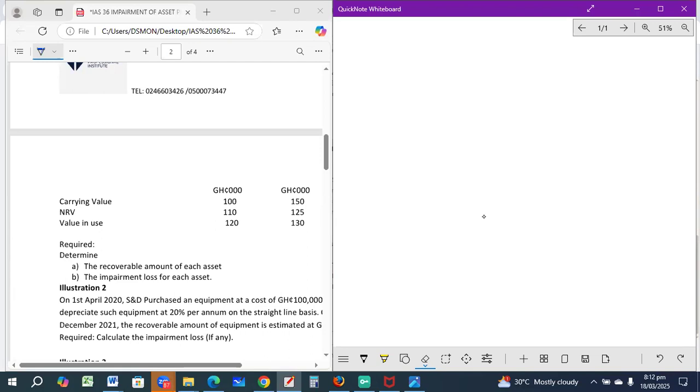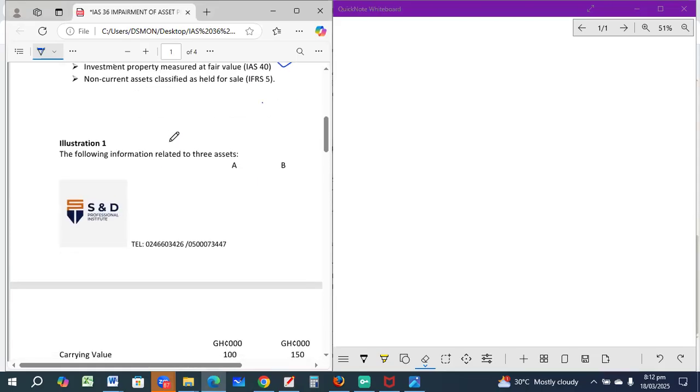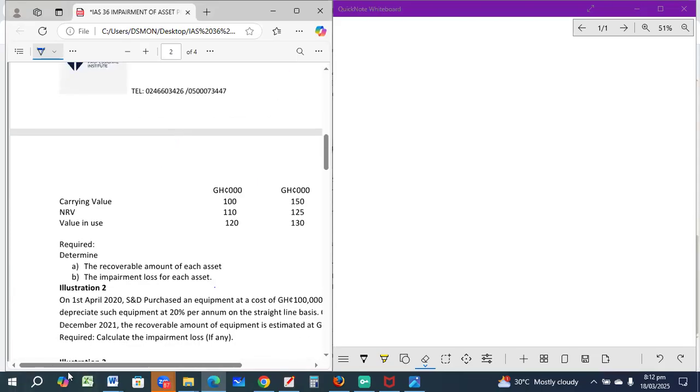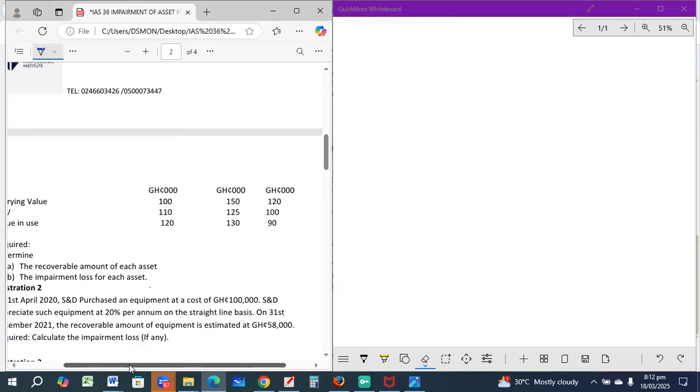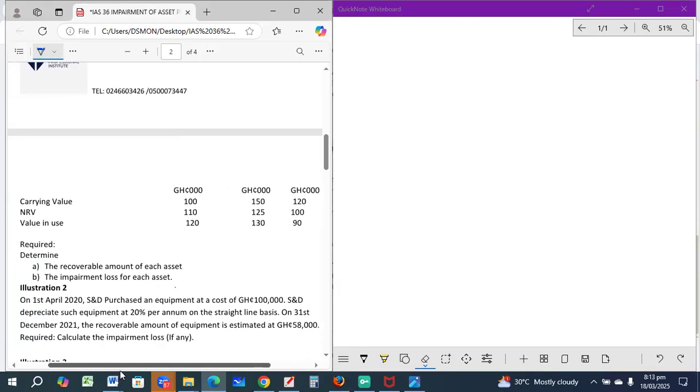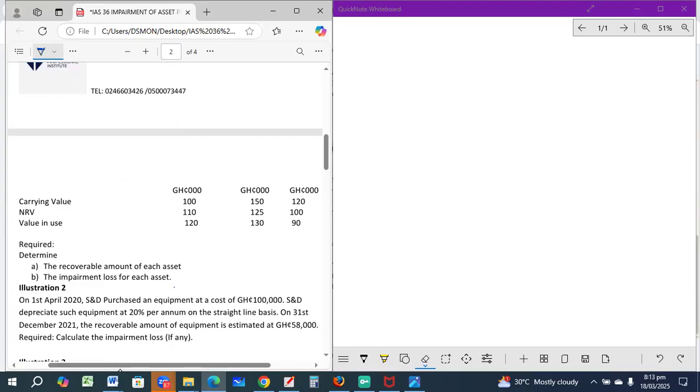So we have example number one on the board, and we are to determine the recoverable amounts and determine impairment, if any. We have the assets A, B, and C. We are talking about the carrying value, your CV.